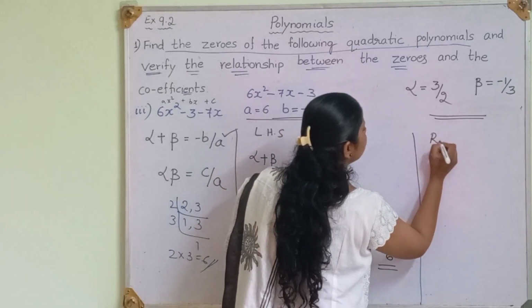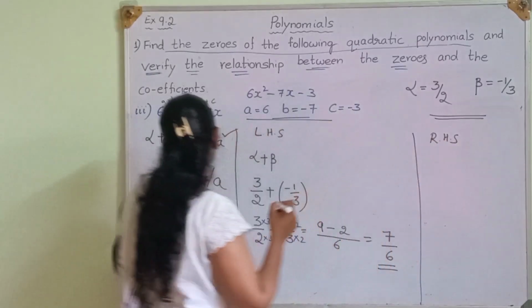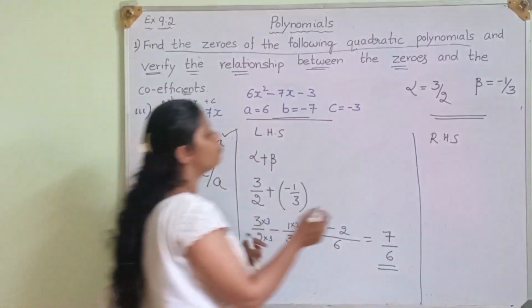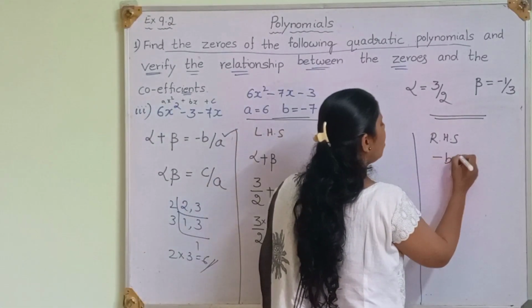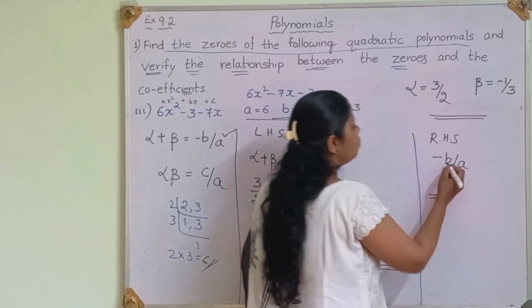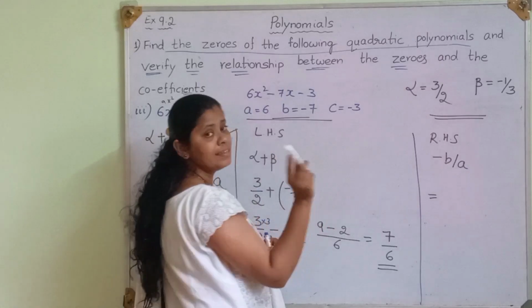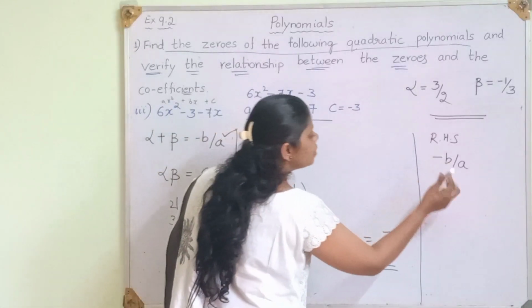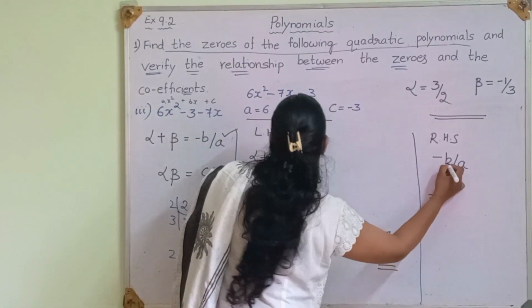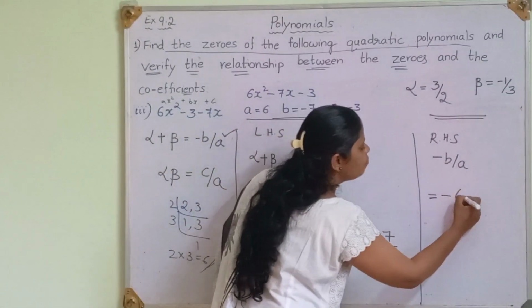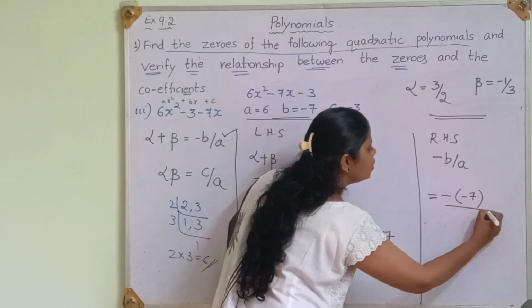RHS is what? Look at this equation. Alpha plus beta is equal to minus b by a. Therefore, minus b by a is our RHS. The value of minus b is what? Look at this carefully. For this minus, let me write minus b. The value of b is minus 7, so let me take this in the bracket, divided by a.